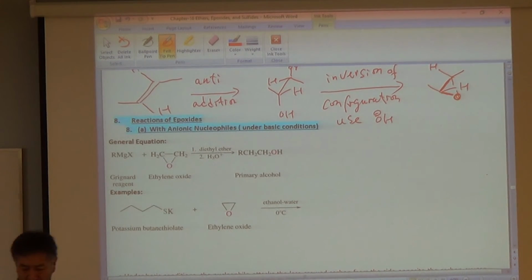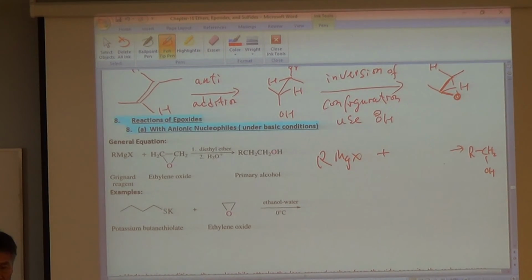In the last chapter, you studied that if I take the Grignard, RMgX, I can add on 1 carbon and produce a primary alcohol, using what we studied in the last chapter, chapter 15. I can produce R and C, just adding one more C compared with R, and then OH.